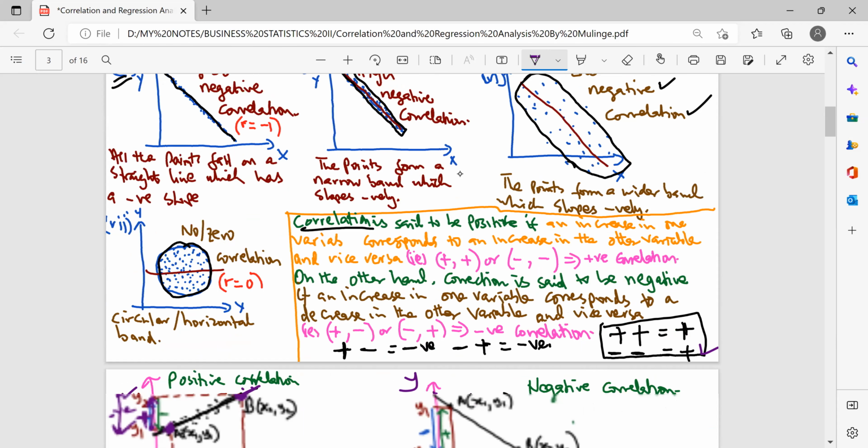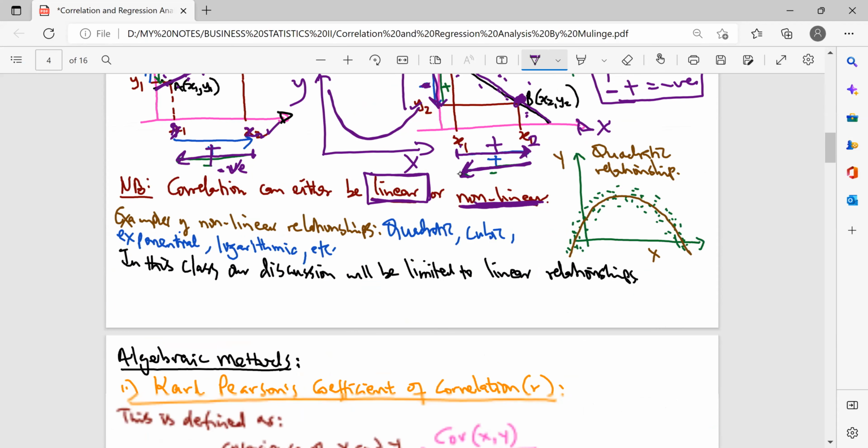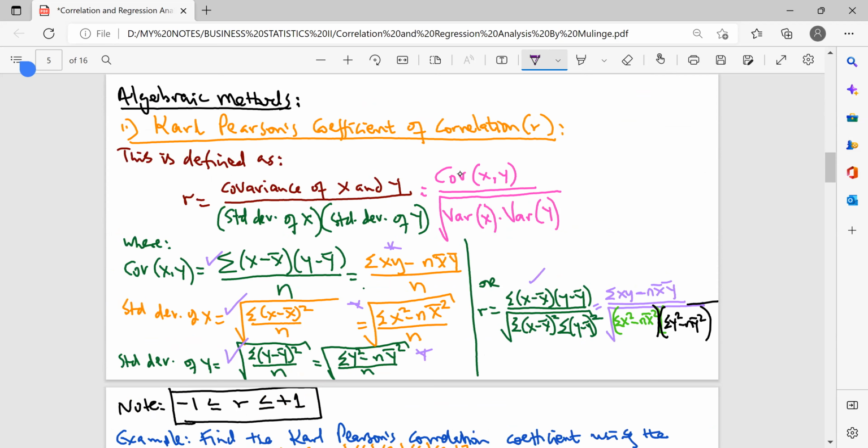Okay. So let's look at the algebraic methods of studying correlation. And here we're going to discuss the Karl Pearson's correlation coefficient, as well as the Spearman's correlation coefficient. So let's start with the Karl Pearson's coefficient of correlation. And this one is usually denoted by small letter r, okay?